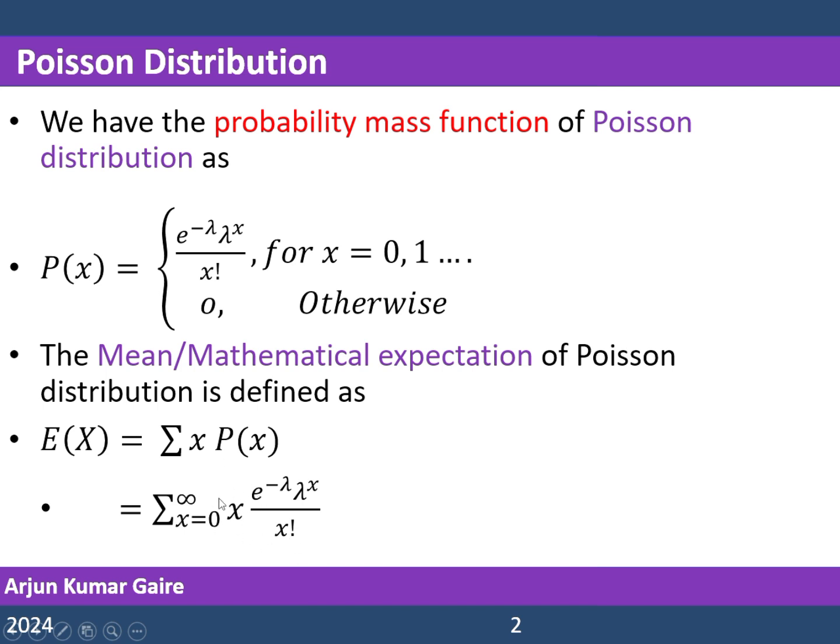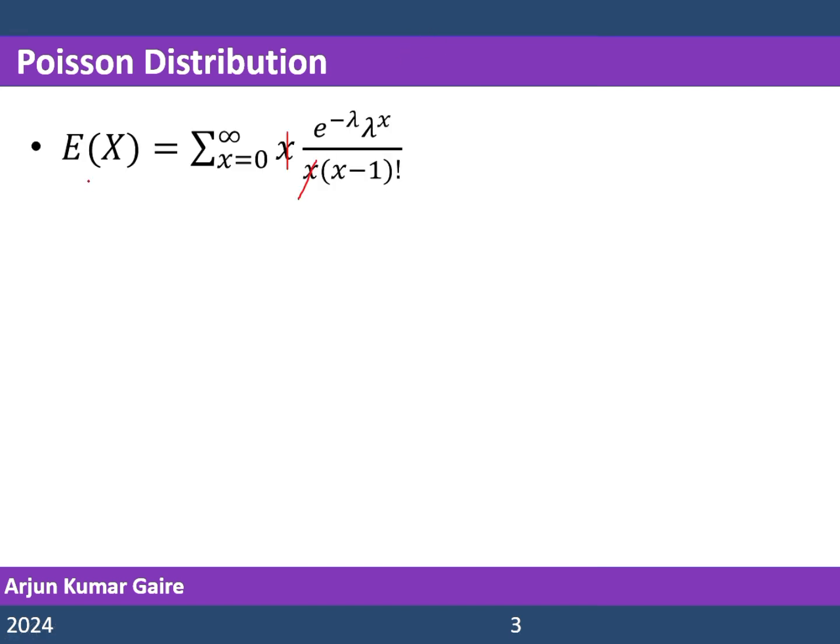For simple calculation, we have to cancel this variable x with this x factorial. So we expand the x factorial: the factorial of x is broken down into two terms, x times x minus 1 factorial, and we can cancel the value of x in the numerator and denominator.